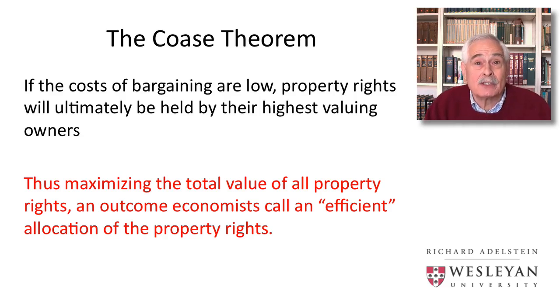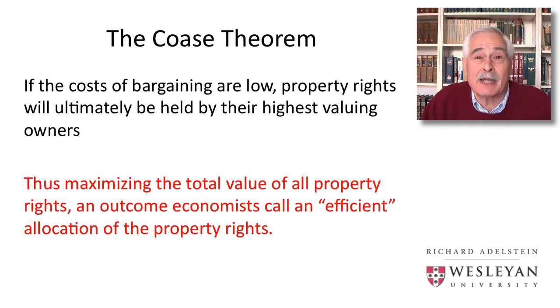When property rights are all in the hands of their highest valuing owners, economists say that those property rights have been allocated efficiently. There is no wastage of anything if property rights have been allocated efficiently.